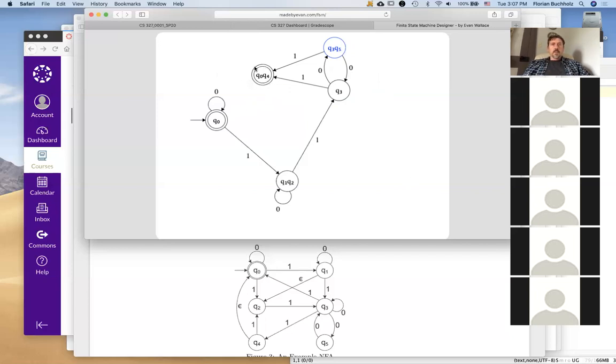So then we need to consider this state. So on Q4 or Q0, there's a self loop here to Q0, so we can reach Q0 from this state. And there's no 0 transition from Q4. So Q0 is the only state we can reach from either of these 2 states.